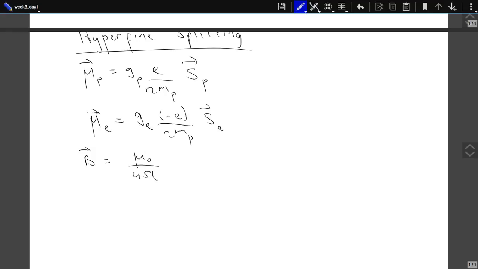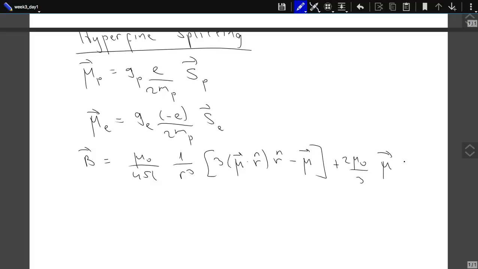Okay, we have the usual mu_0 over 4 pi, 1 over r cubed, 3 (mu dot r hat) r hat minus mu, plus 2 mu_0 over 3 mu times the Dirac delta function of r. Now, this is for any magnetic dipole. In our case, it will be mu_p.